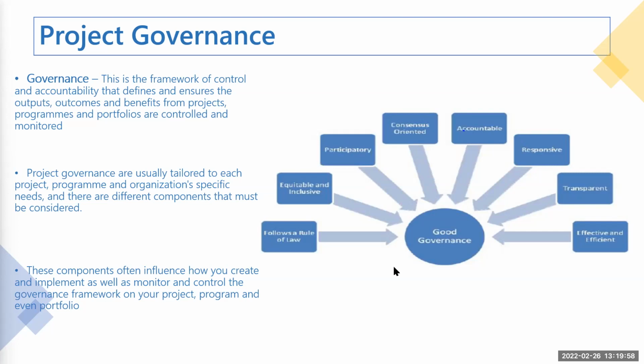Yeah, so it's a framework that controls and defines accountability on projects, saying, okay, this project needs to have this number of sponsors, needs to have this number of approvals. It defines and controls how projects deliverables needs to be delivered. And it also ensures that all the agreed objectives of the project are in place.